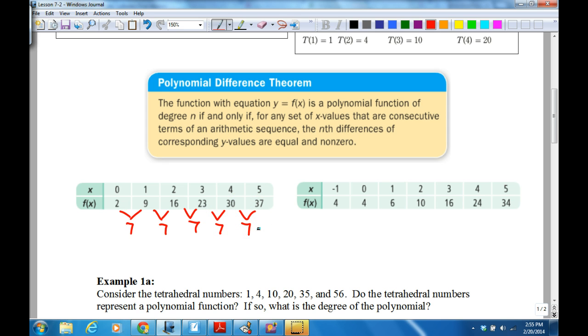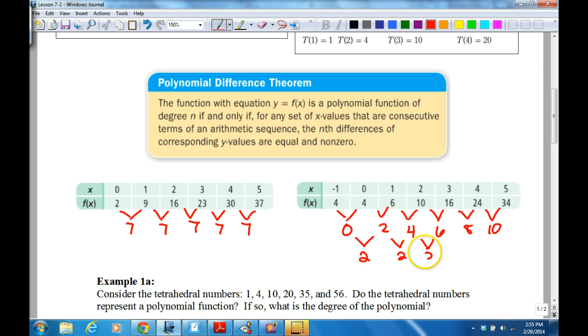Okay? On this one, what is the difference between here and here? 0, 2, 4, 6, 8, 10. Now, they're not at a constant difference yet, so we need to find where that constant difference is. We'll do it again. 2, 2.